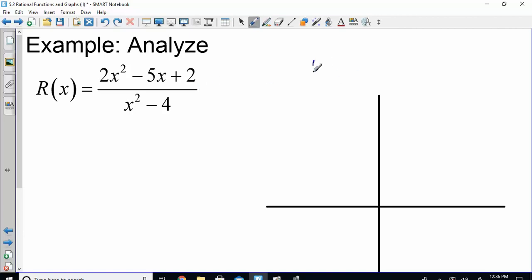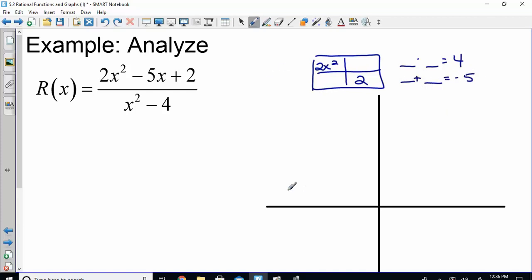No. So those multiply to positive 4, and they need to add to a negative 5. Okay, so then if we factor, this would be 2x minus 1, x minus 2.